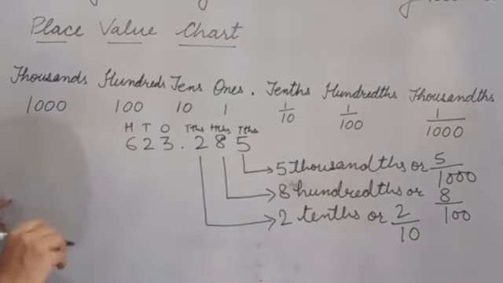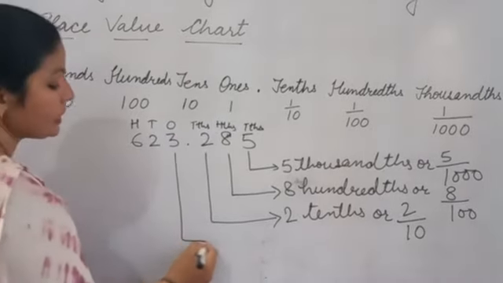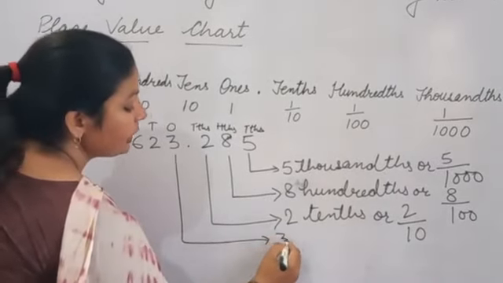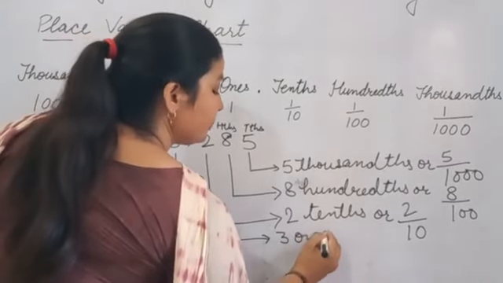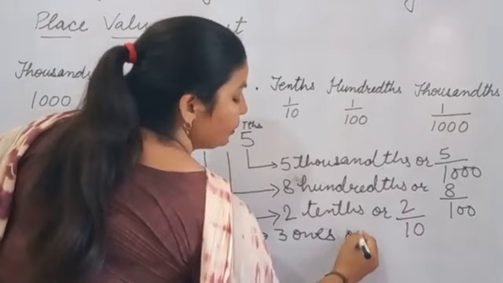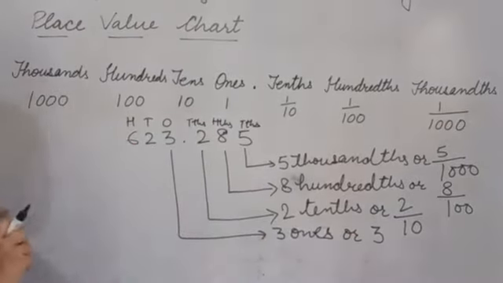Okay, this is the place value of 2. Now 3 is on the ones place. So the place value will be 3 ones, and 3 ones means only 3, because it is on the ones place.